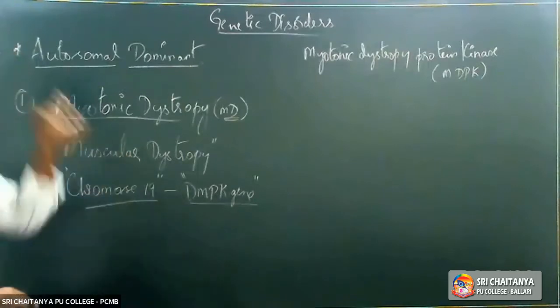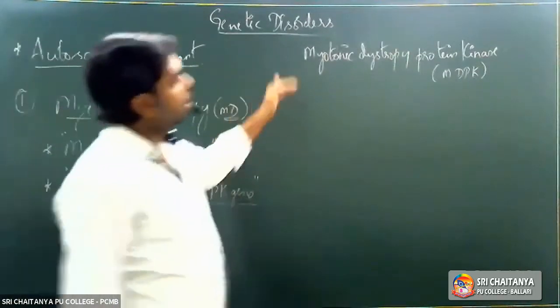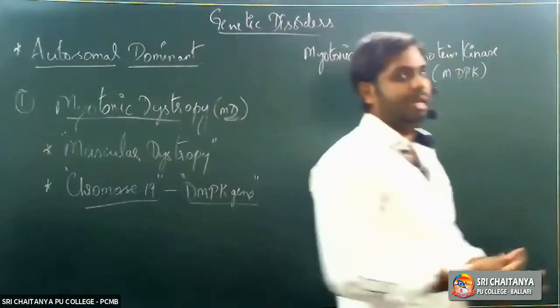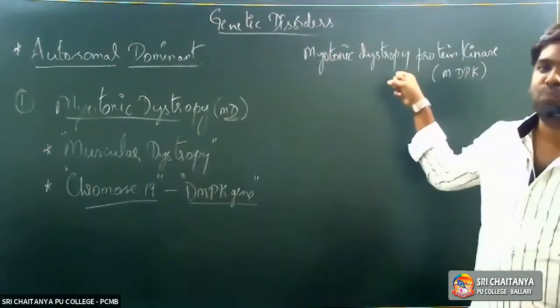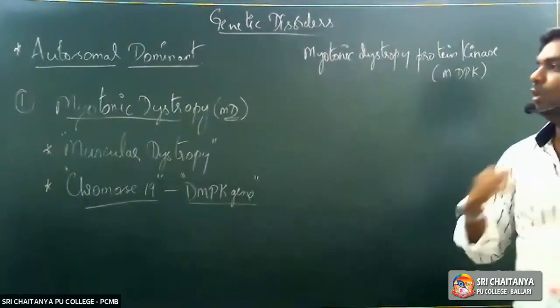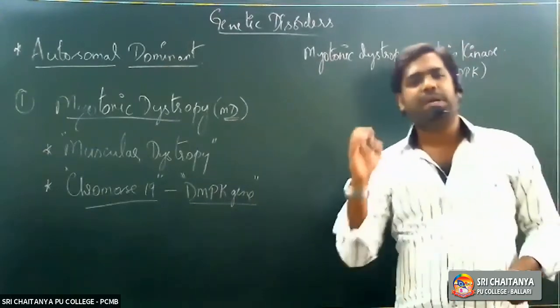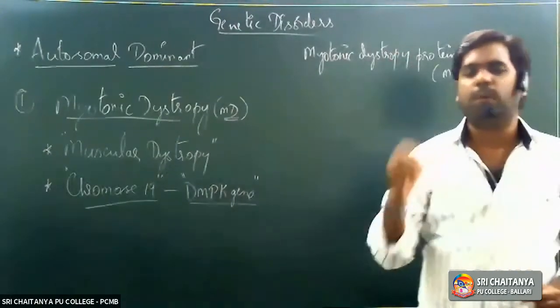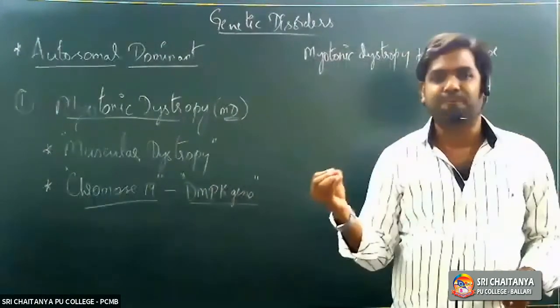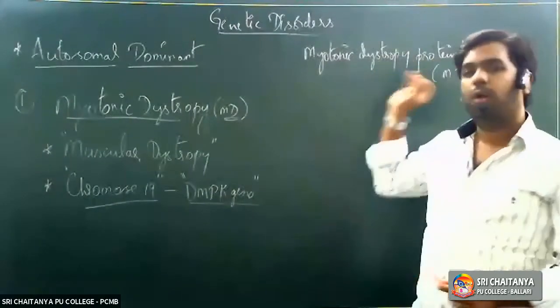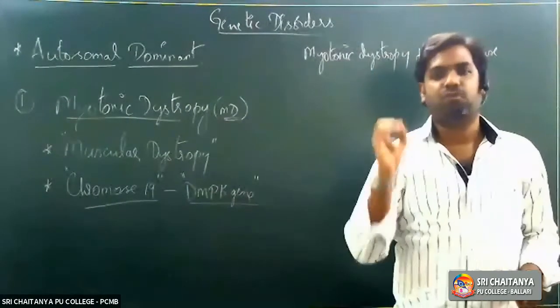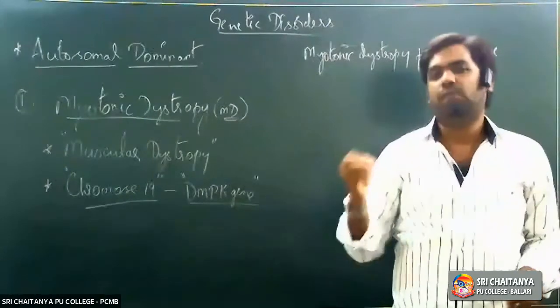As a result of which, what is happening? This myotonic dystrophy protein kinase is not being formed properly. This protein is considered one of the predominant proteins for the proper functioning of the muscles.